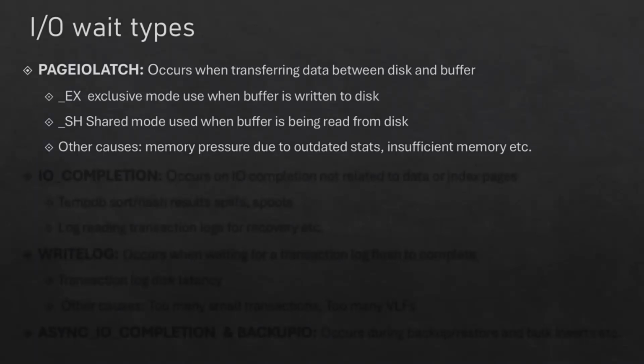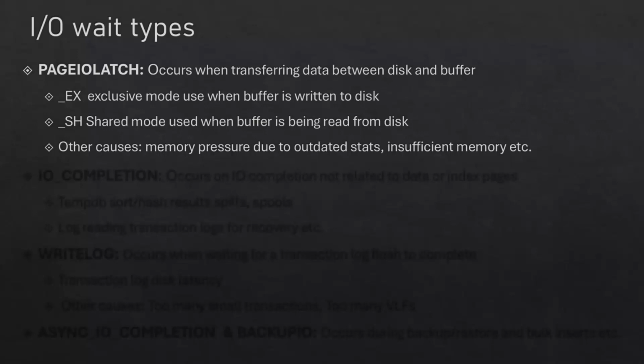Okay, so let us try to understand these IO wait types in detail. First, page IO latch. Whenever we are doing any operation, SQL Server does not directly communicate with the disk. It has buffers, and all the read and write information happens in the buffer. Since we have to maintain ACID properties, while writing we need to take locks. So the page IO latch exclusive lock is taken when you have to write from the buffer to a disk.